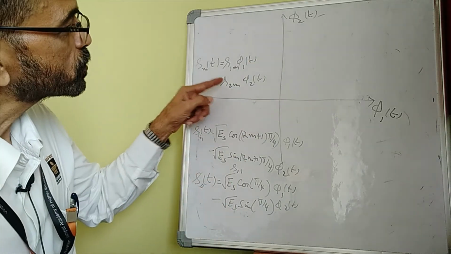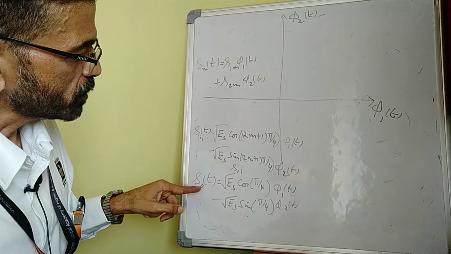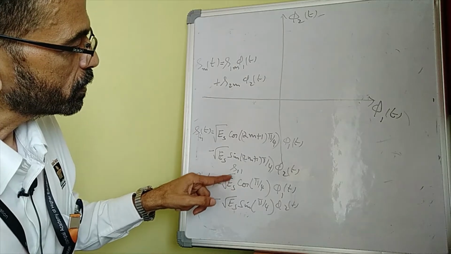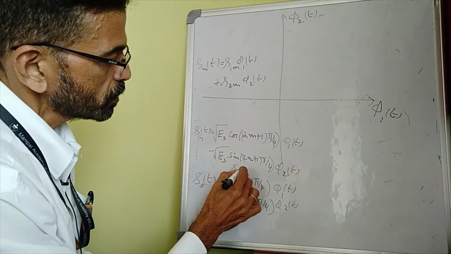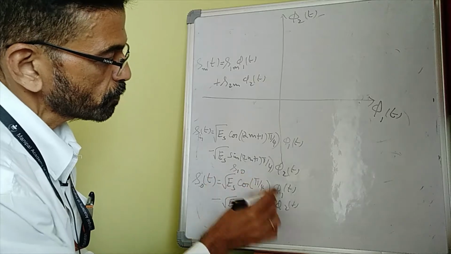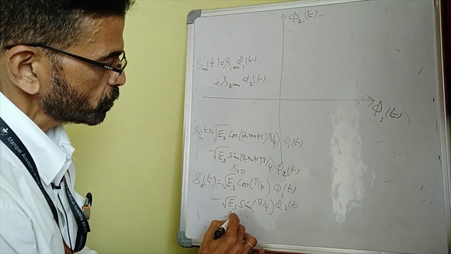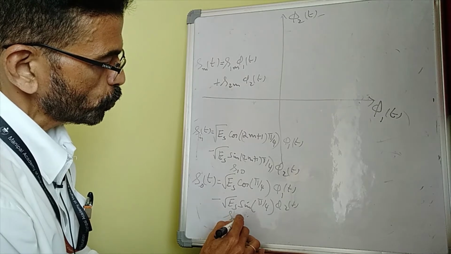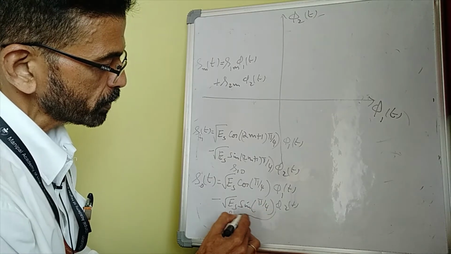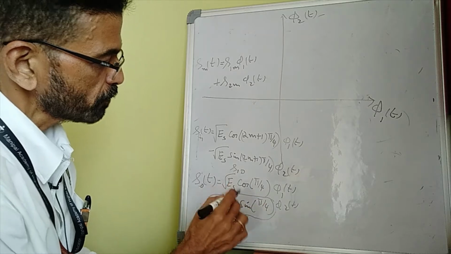So if I go by this notation, S0(t) will be S10 phi 1(t), and S2, this will be S20 including the negative sign. So I just wanted to confirm that.